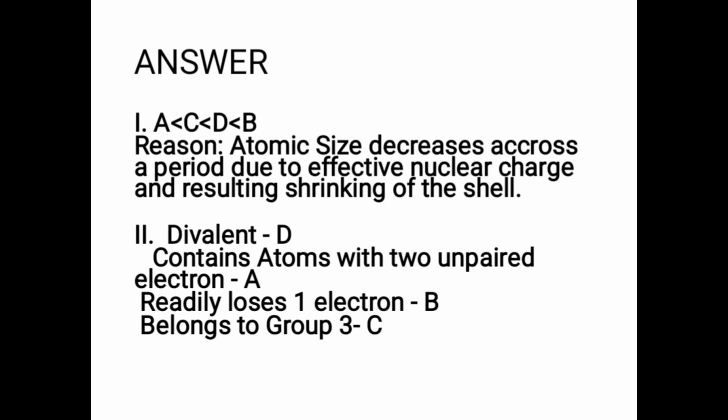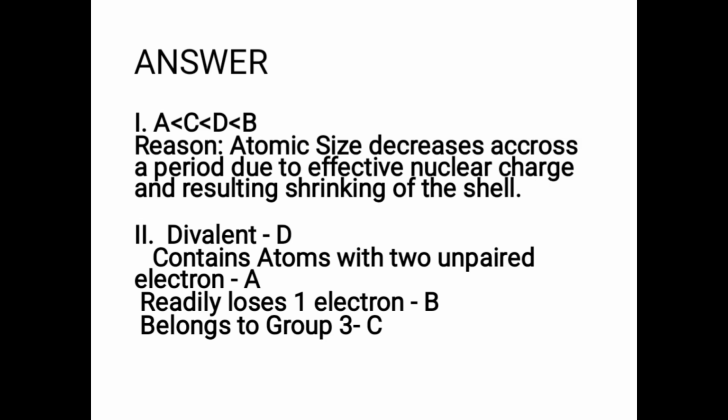Because atomic size decreases across the period. These elements are coming: you are having lithium, beryllium, boron, carbon in period 2 of the periodic table. So as you are moving across the period, the atomic size will decrease due to the shrinking of the shell.